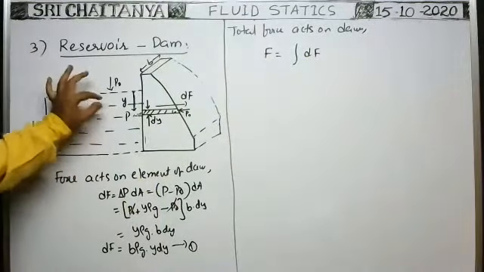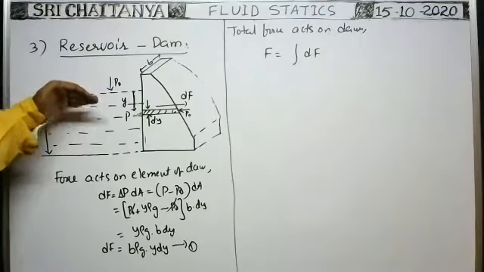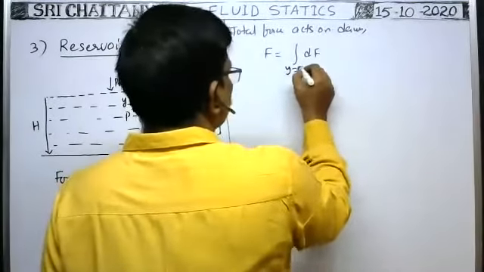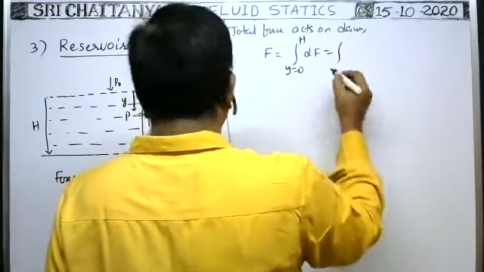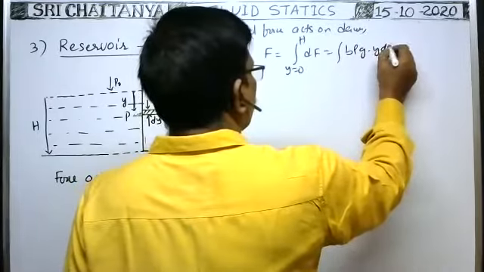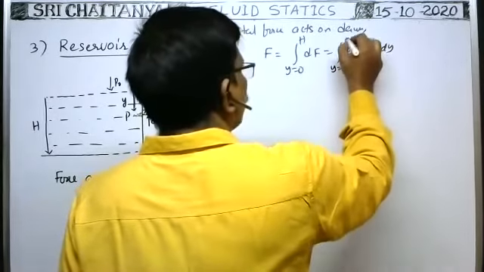This type of elements can be considered from y is equal to 0 to y is equal to capital H, up to depth. This is equal to integral dF means B rho g into y dy, y is equal to 0 to capital H.